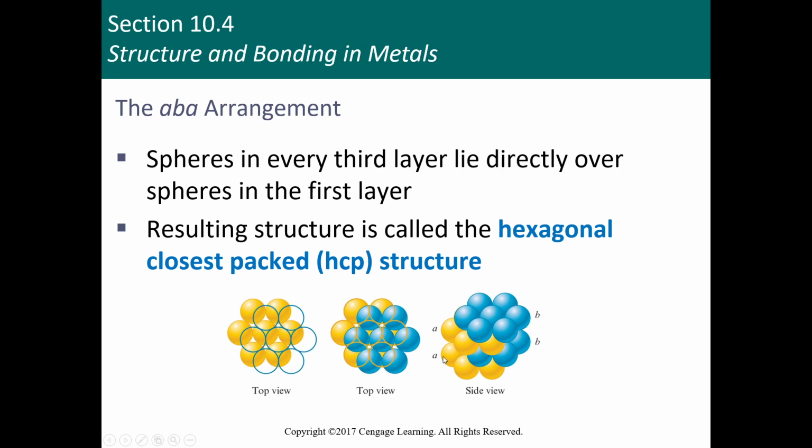And so you'll literally just go back and forth, ABA, ABA, ABA, etc., stacking them up. The resulting structure is called the hexagonal closest packed, which is an HCP structure. Now, it will make sort of a hexagonal shape that goes like this.